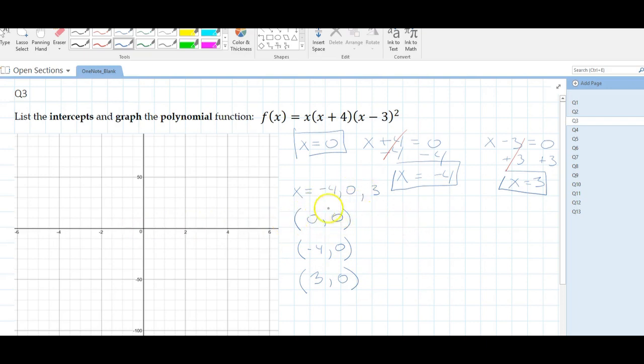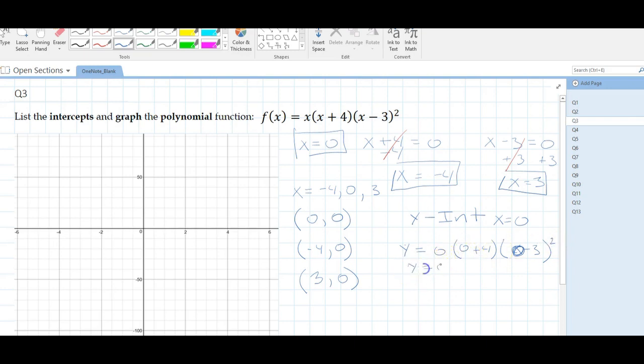I know my y-intercept is going to be here. 0, 0 is going to be crossing through the origin, but if you want to double check that, if you have a different number, the way to do it when you're looking for the y-intercept is to set x equal to 0. If you set all your x's to 0, you're going to have y equals 0 times 0 plus 4, parentheses, x minus 3, oops, it should be 0 minus 3, raised to the second power.